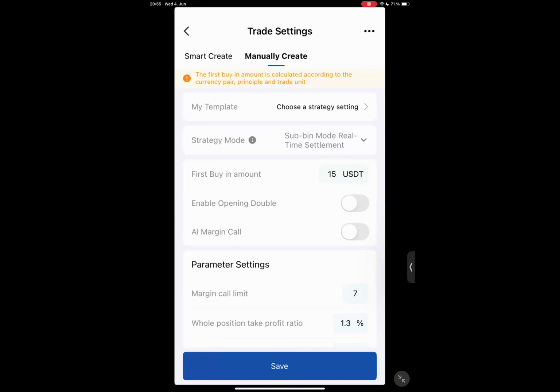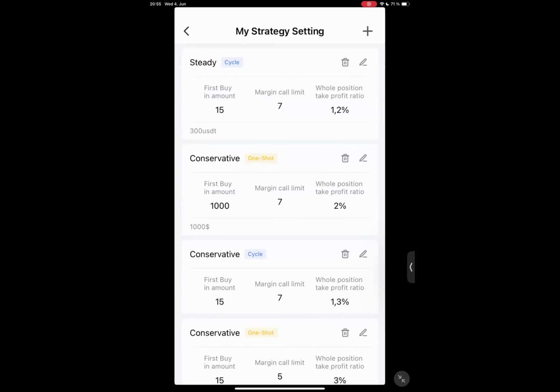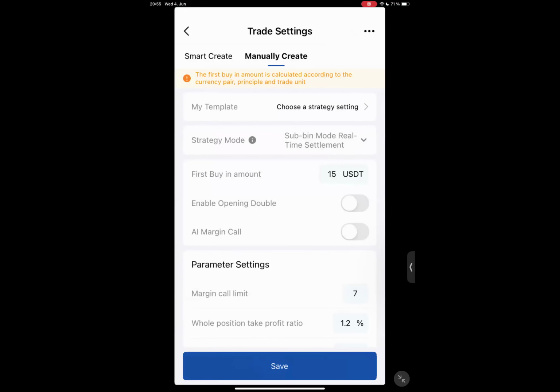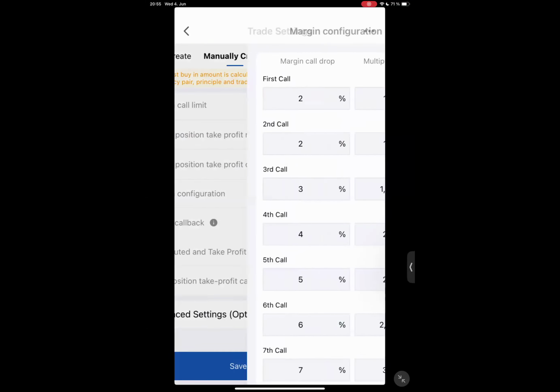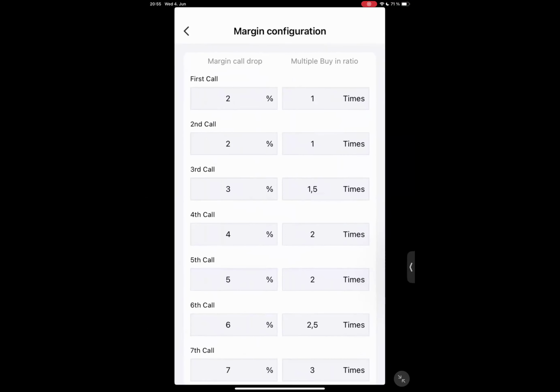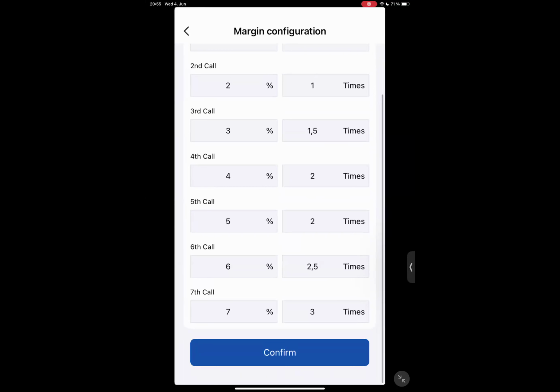Okay. Now, when you tap on choose a strategy setting, I already have a trade setting, and I explained the margin configuration. This is a 300 USDT setting. So before I even start it, I have to make sure I have exactly 300 down.